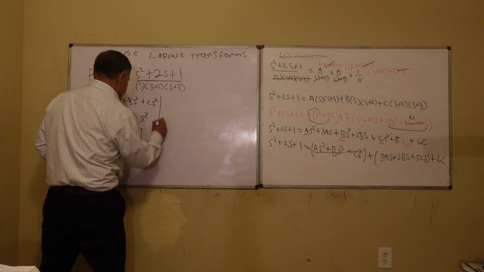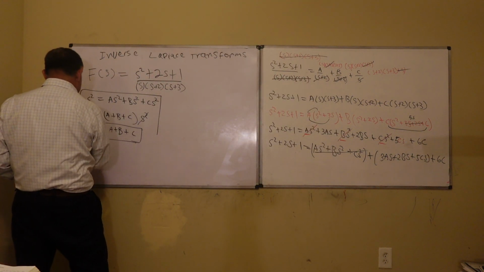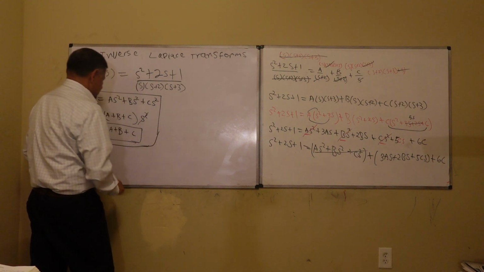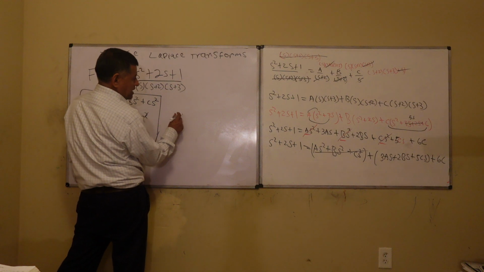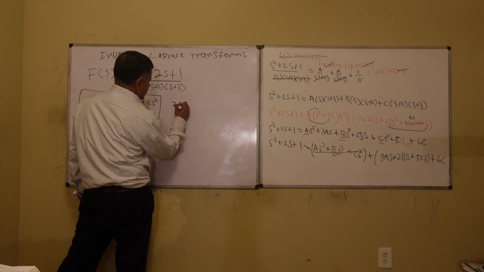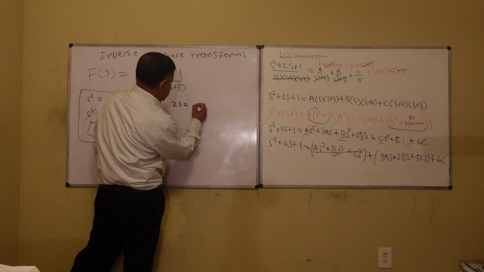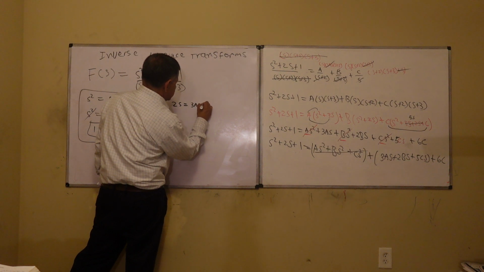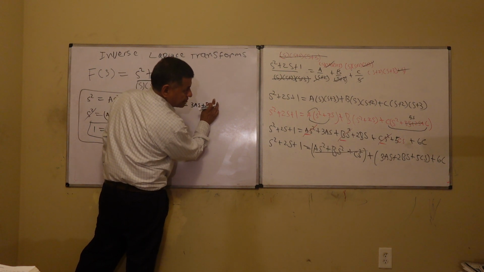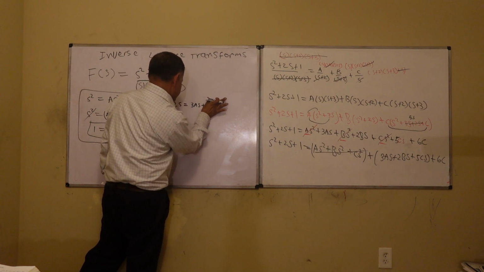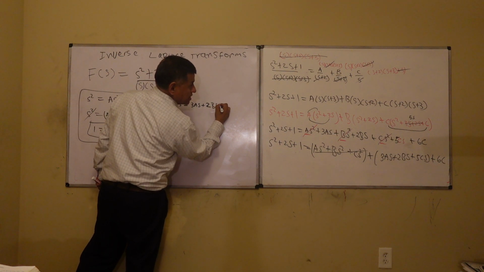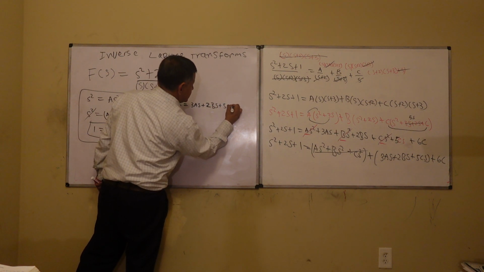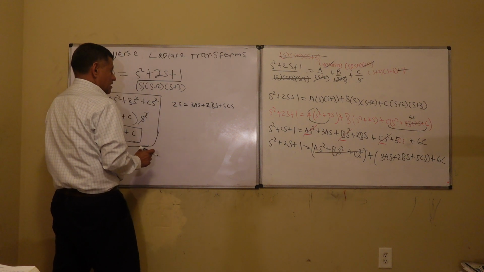So I got this piece of information that is necessary. Now let me do the other one. 2S equal to 3AS plus 2BS plus 5CS, right?